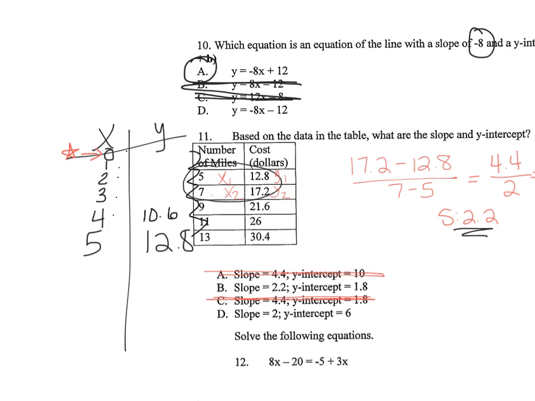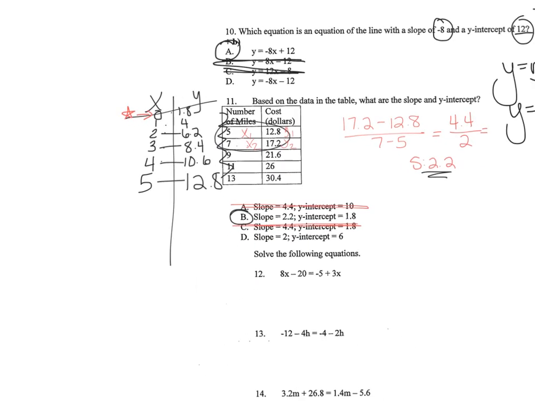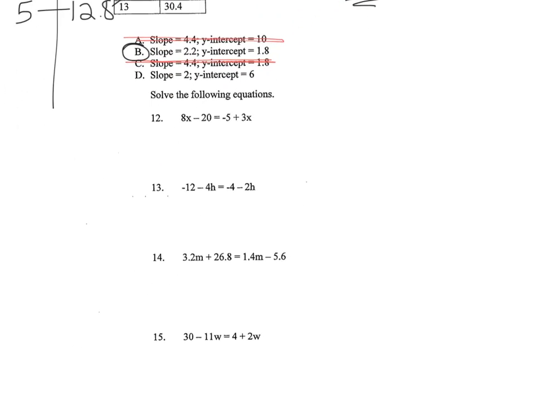Minus 2.2 again, and I get 8.4. Minus 2.2 again is 6.2, and we're lining up with those numbers over there so we can keep it up. Minus 2.2 is 4, so then one more time, 2.2, and I'll be at 0, and I get 1.8. So it is B.